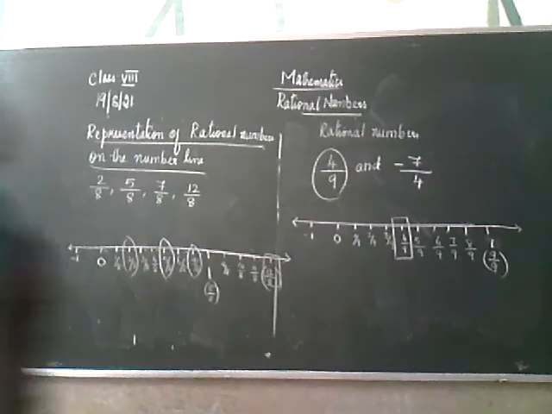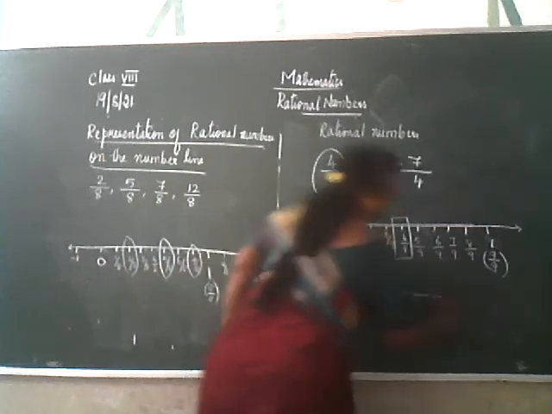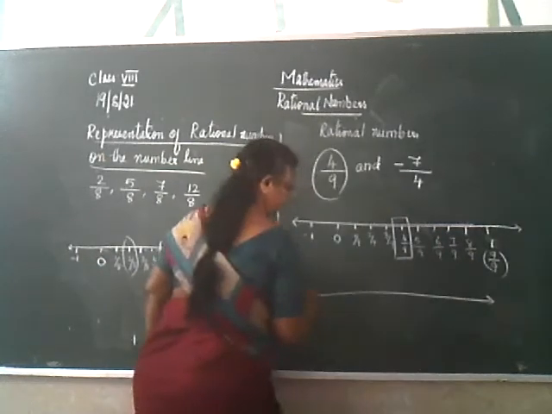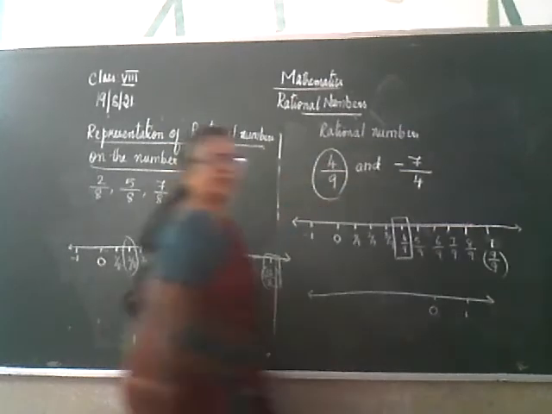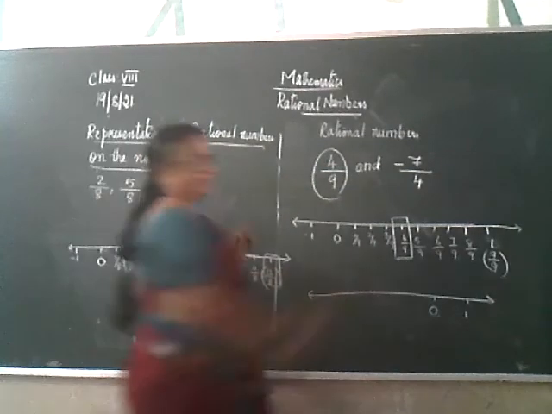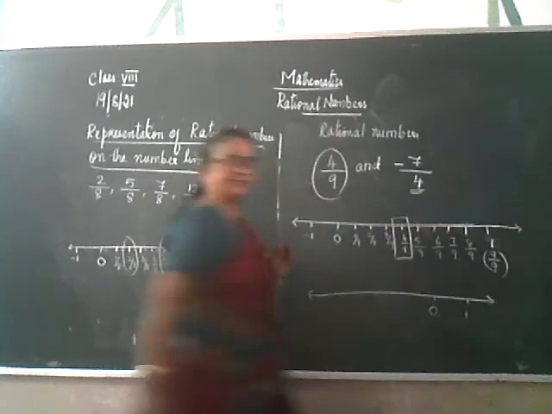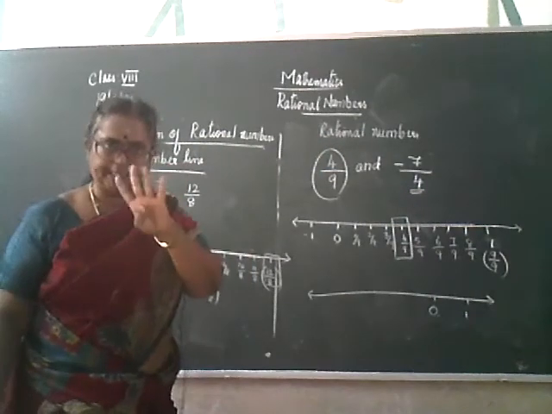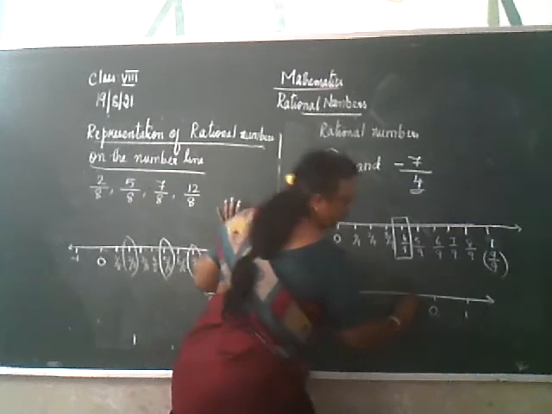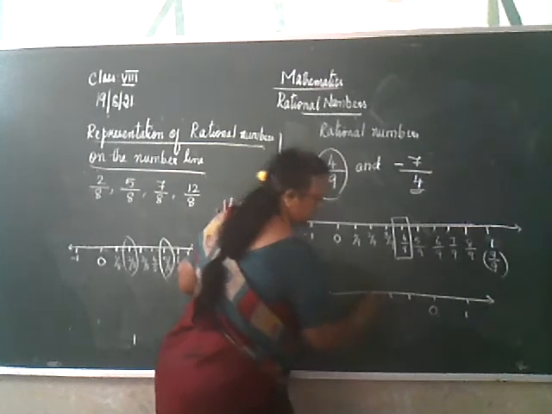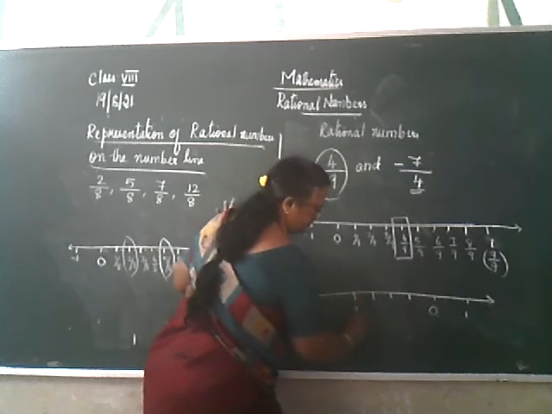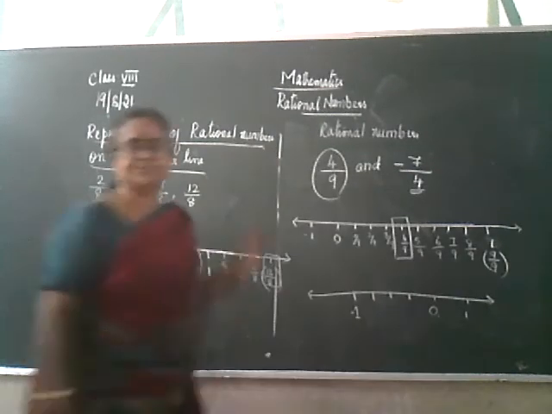So it is towards negative. So 0, 1. See the denominator. It is divided into 4 equal parts. So let me have 4 equal parts: 1, 2, 3, 4. Minus 1.